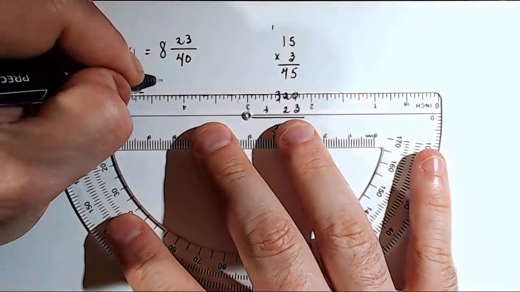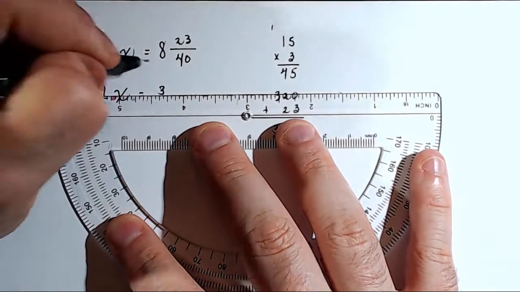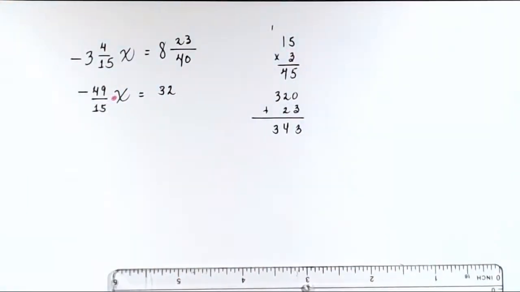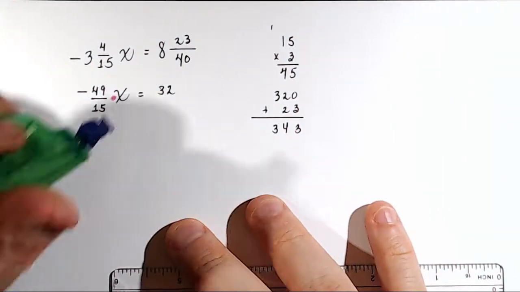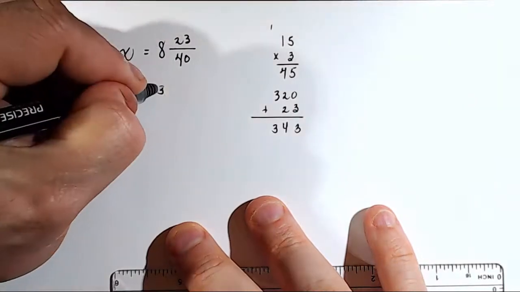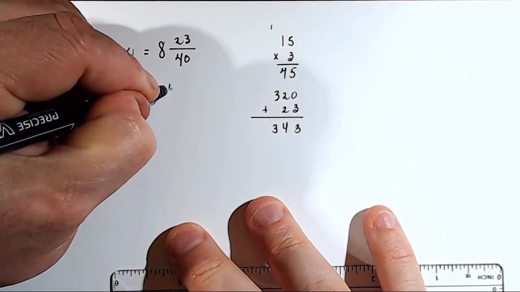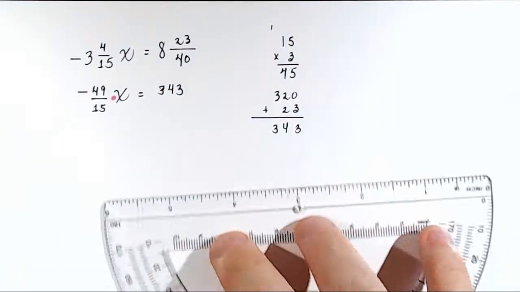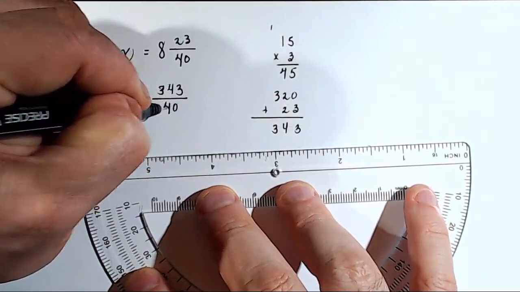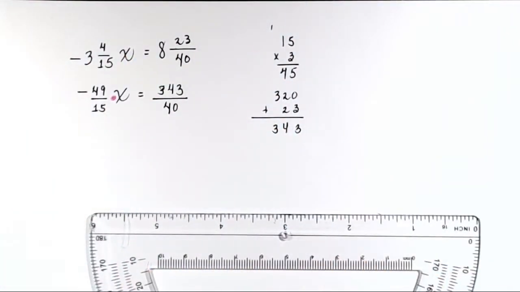And what we write is 8 and 23/40ths is equal to 320. I said 320, I meant 343. It is equal to 343/40ths. Okay, now what?